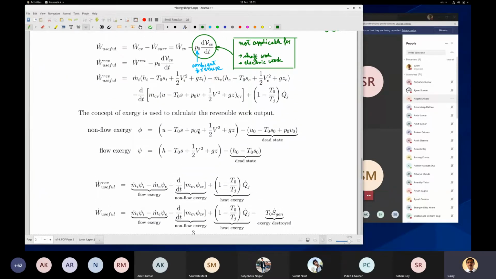Now we have also introduced this concept of exergy, where we are involving this term also. There are some important properties. Plus, these are some extra terms that we have, which is associated with exergy.